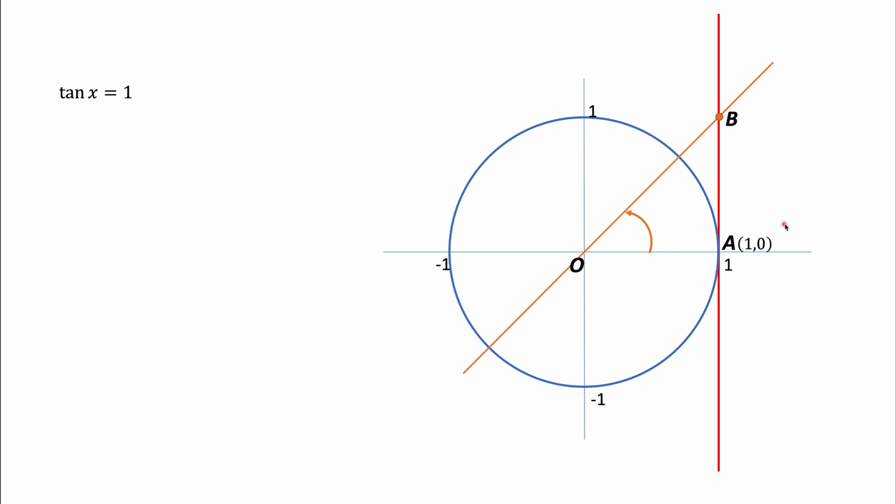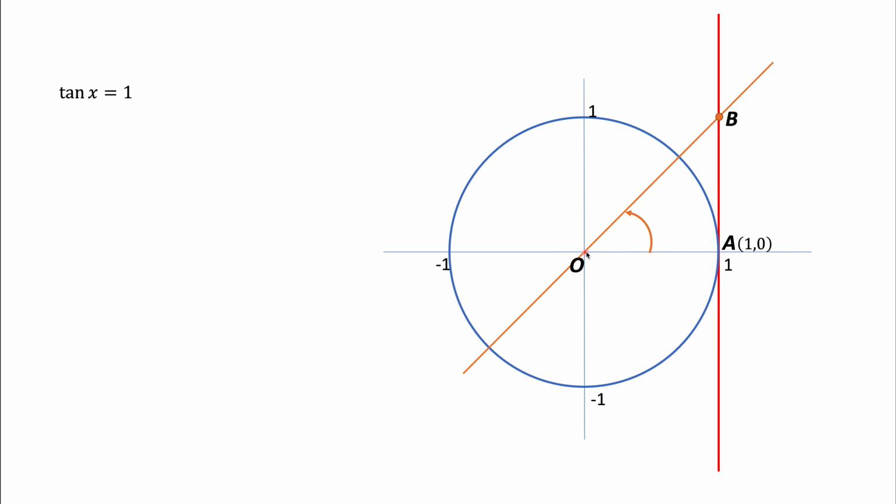Let's start with this angle. We can get this angle very easily from the right triangle. We actually studied this. If you remember, if tangent equals 1, it means the opposite leg and adjacent leg should be the same length, right? And we know this is 1 and this is 1.